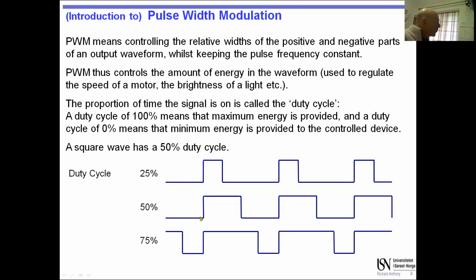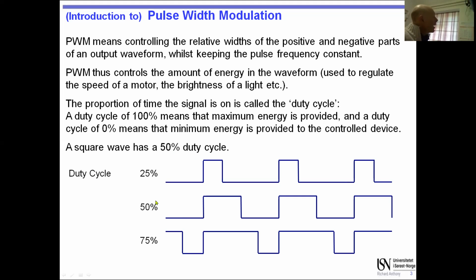So it's off for, say, half a second, on for half a second, off and on like that. That would be a 50% duty cycle, and that is what is correctly a square wave. But these other waves are also sometimes described as a square wave, because they have the same basic characteristic. They just don't have the symmetry.